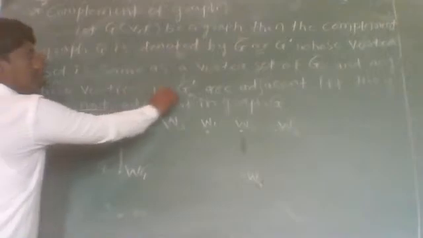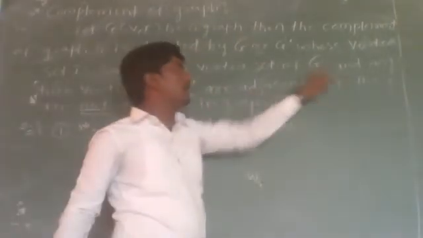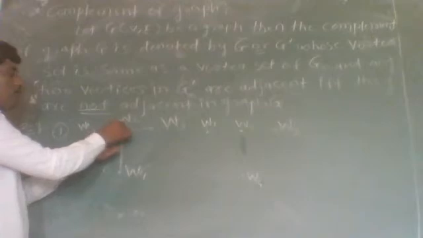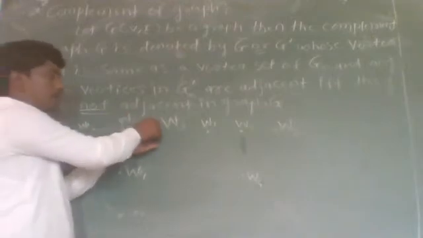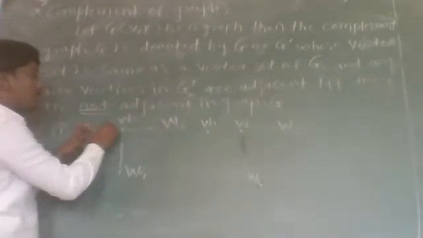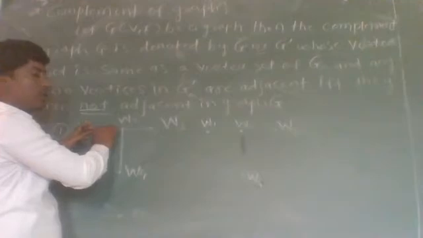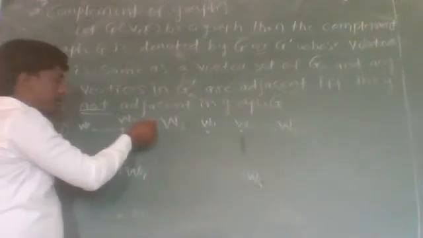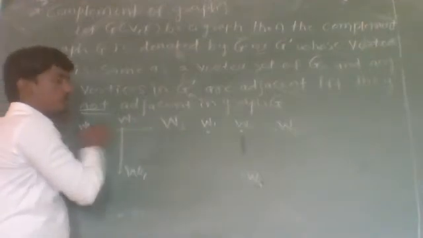Now, in the definition, two vertices in G dash are adjacent if and only if they are not adjacent in graph G. Here, vertices W1 and W2 are adjacent, vertices W2 and W3 are also adjacent, but vertices W1 and W3 are not adjacent. Therefore, we have to draw a line joining these two vertices.